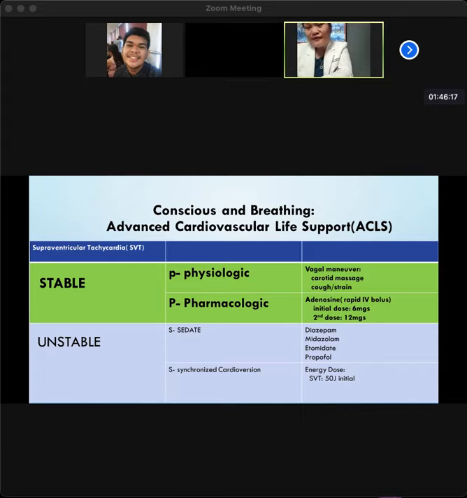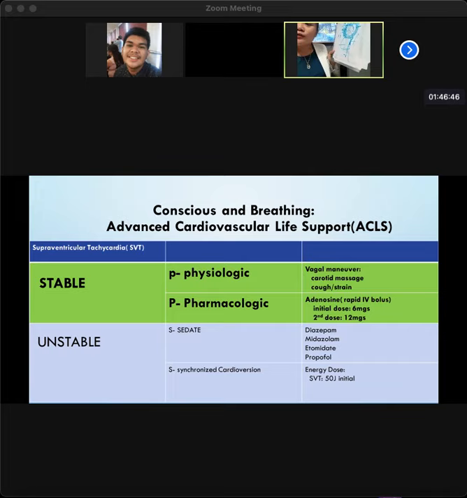Okay? If you're going to do your synchronized cardioversion, you have to do it at R-wave. Di ba? Mayroon kang ECG tracing. QRS. Yung QRS. R ito. Yun yung R. If the ECG tracing is already at the R, then you give your synchronized cardioversion.